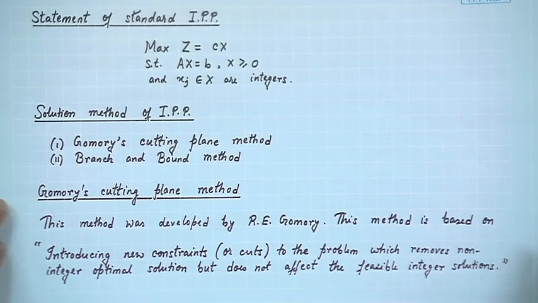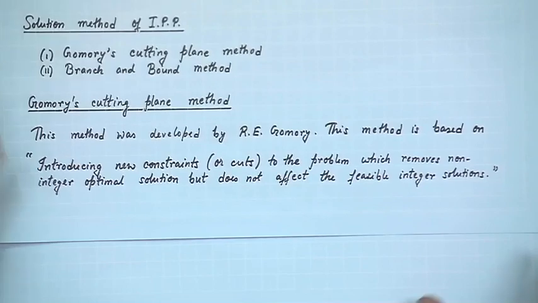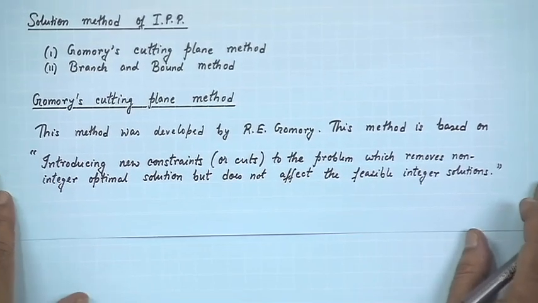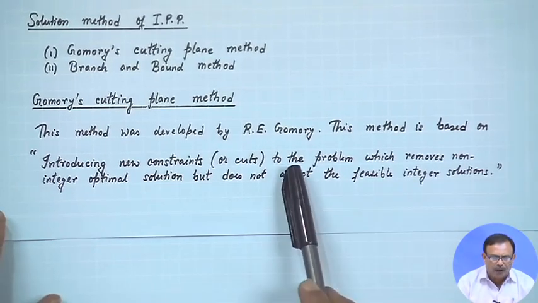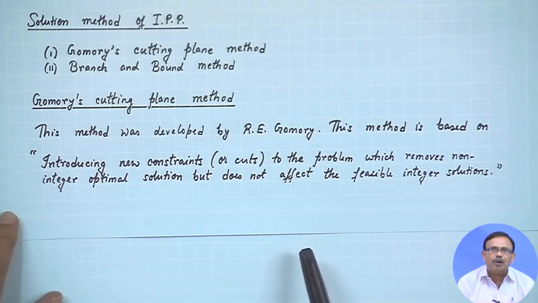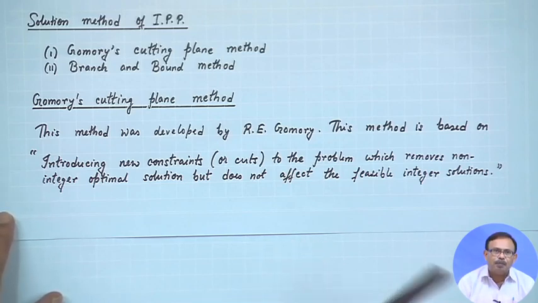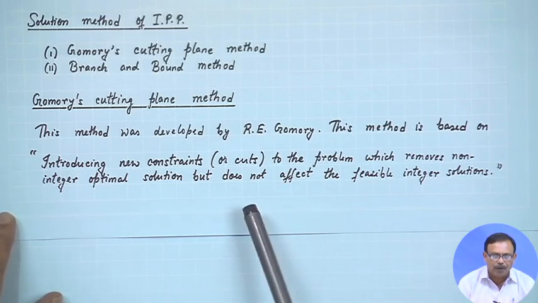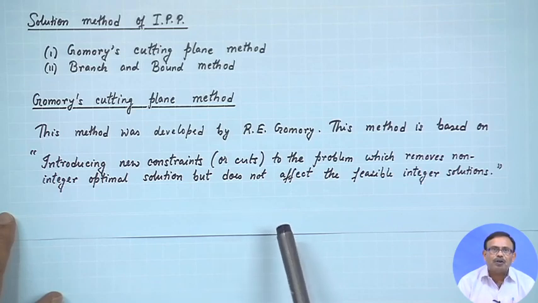Gomory's cutting plane method was developed by R.E. Gomory, and it is based on this basic concept: introducing new constraints, or cuts, to the problem, which remove the non-integer optimal solution but do not affect the feasible integer solutions.